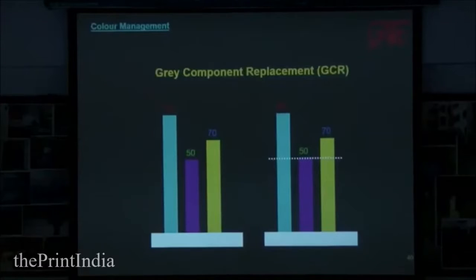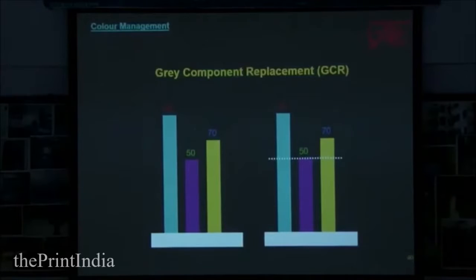So when we do GCR, because below 50% these 3 colors are only making it dirty, the principle is, instead of making it dirty by adding 3 colors, let us make it dirty only with black. So you only print the extra portion of cyan and yellow, add black and make it dirty.